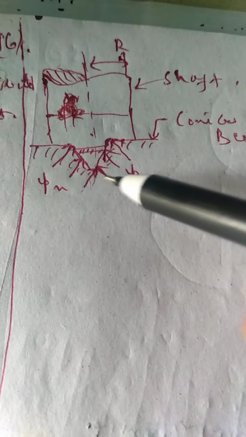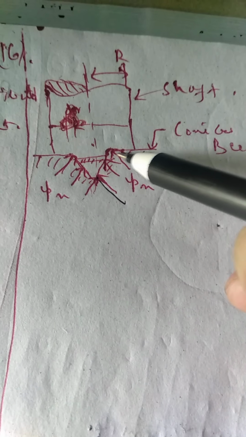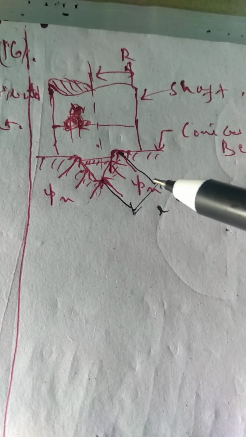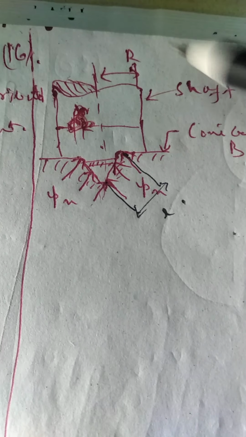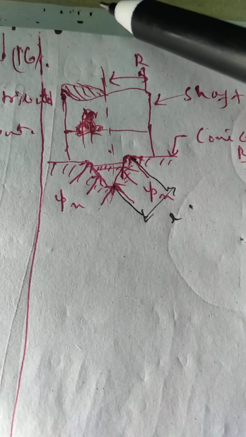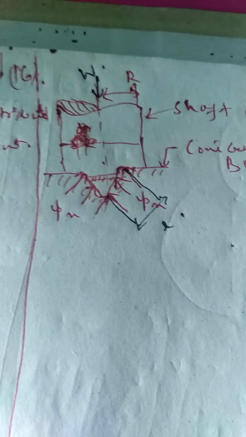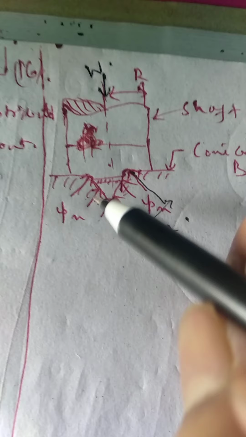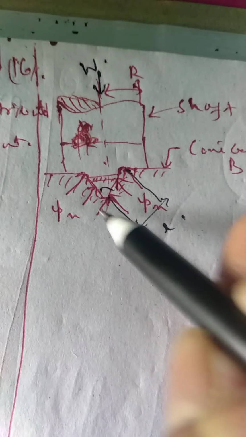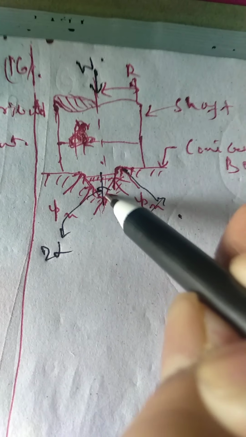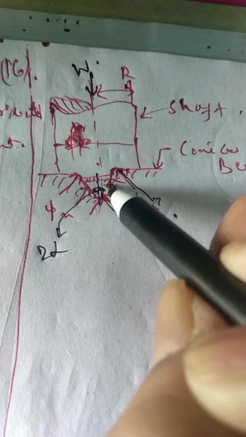Now consider this length as L. Now the load falling on this is W, and this angle of the cone is taken as 2 alpha. So half of this angle will be alpha.